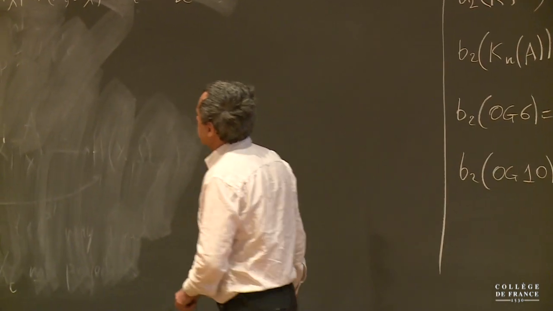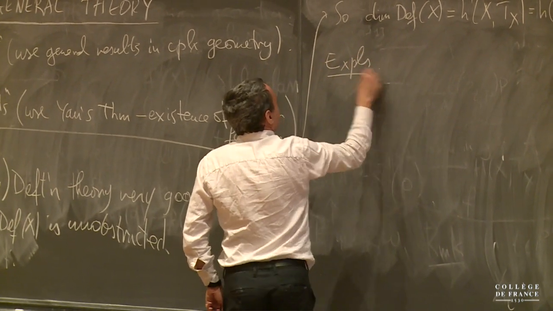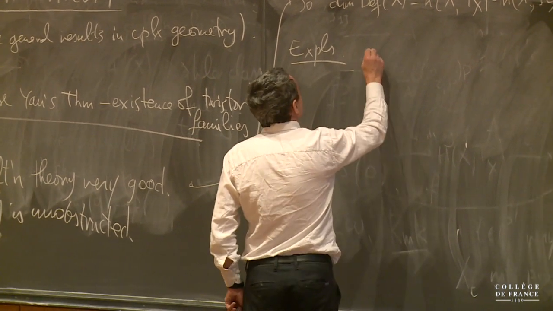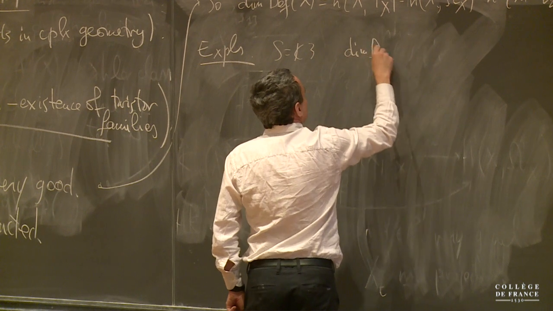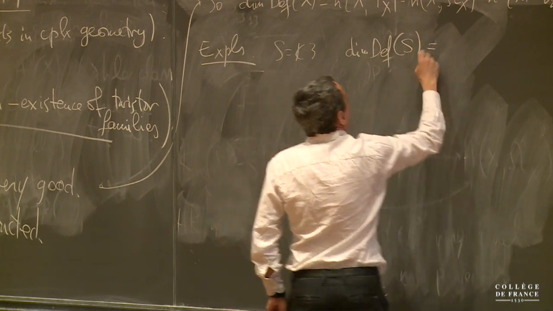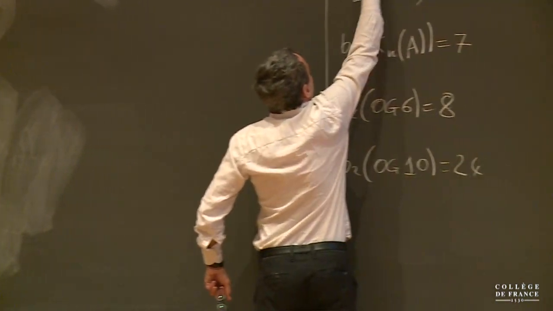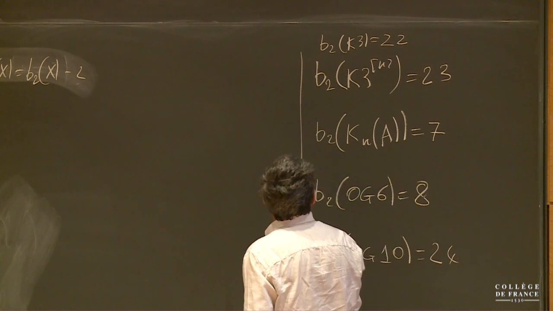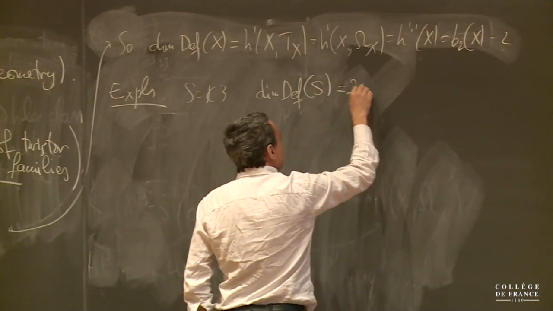Okay, so let's look at some examples. Now, if we look at S, a K3, the deformation space has dimension 20.